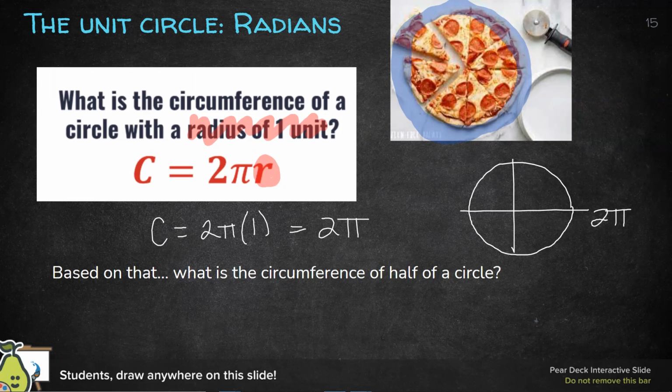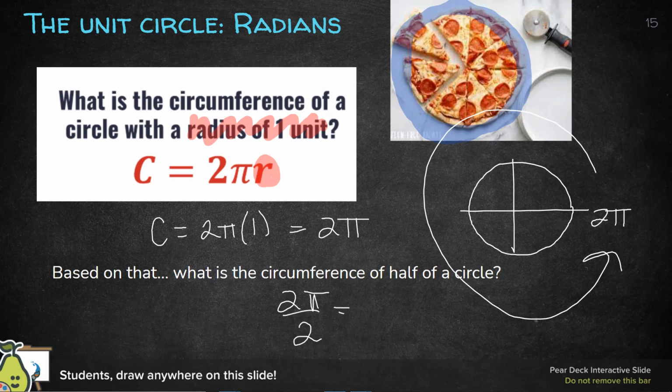And if 2 pi is one entire rotation around, what is the circumference of half a circle? That would be 2 pi divided by 2, or simply put, pi.